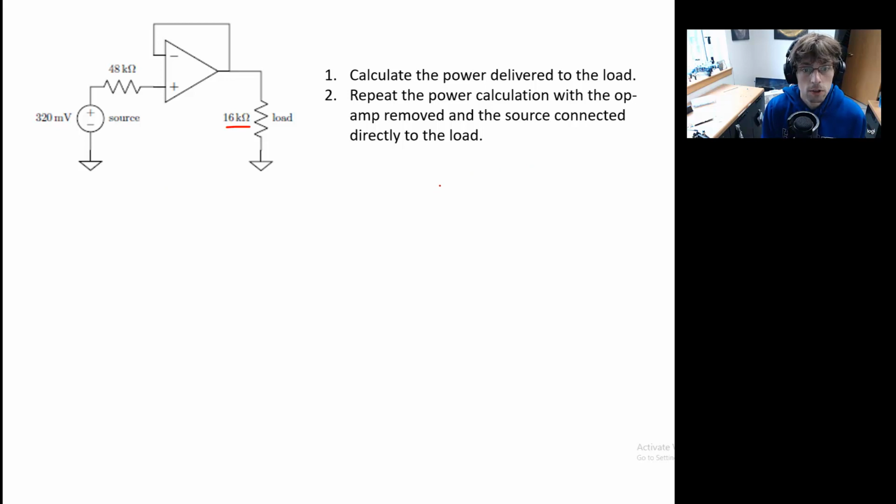In other words, we'll have our source, the 48 kilo ohm resistor, and then the 16 kilo ohm resistor, and then to ground. So go ahead, take a crack at the first part.